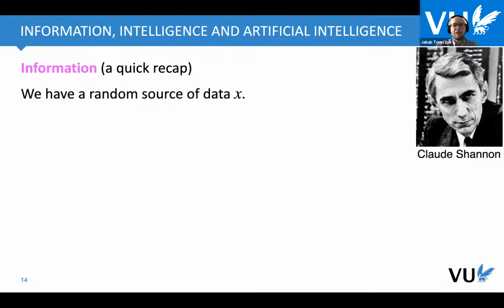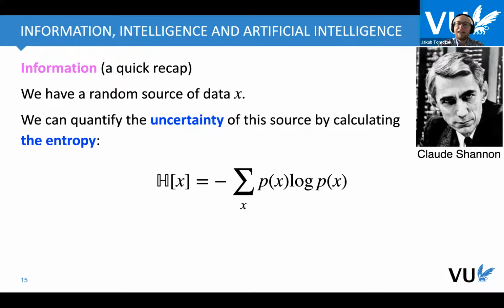So let's say that we have some random source of data. It could be about images, some images that some camera is taking, and we have these images coming in. This is the source of data. Then we can actually quantify how uncertain this source of data is, okay?